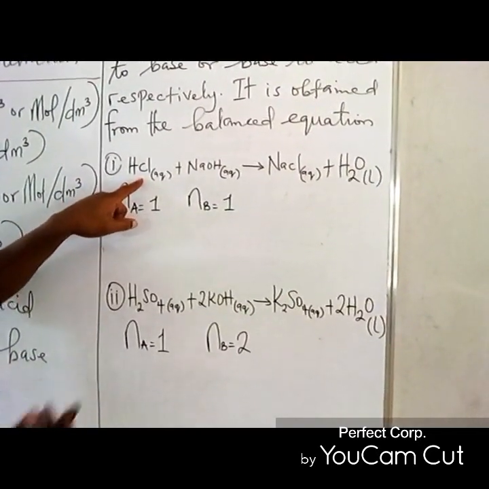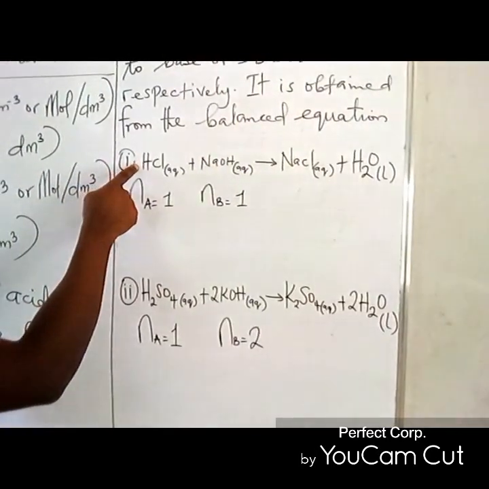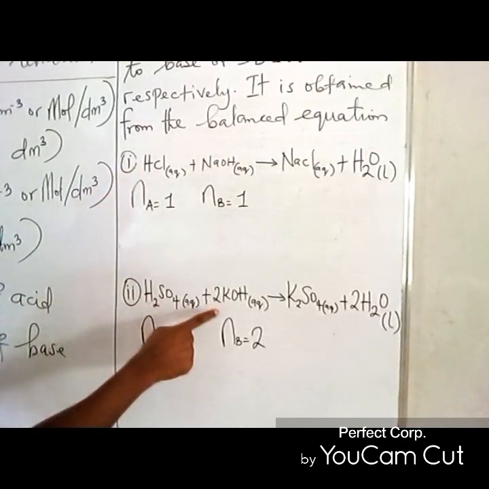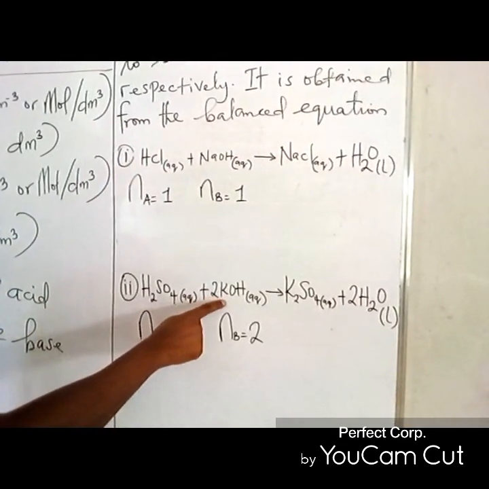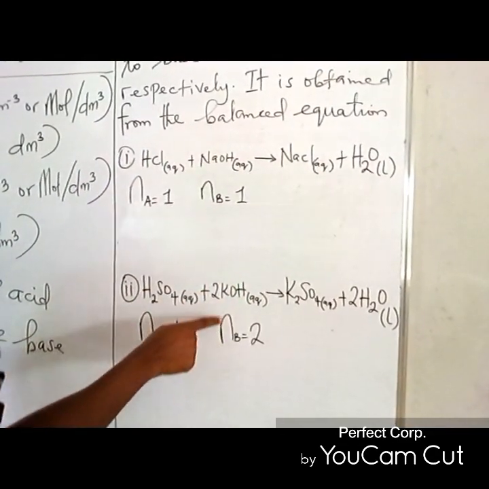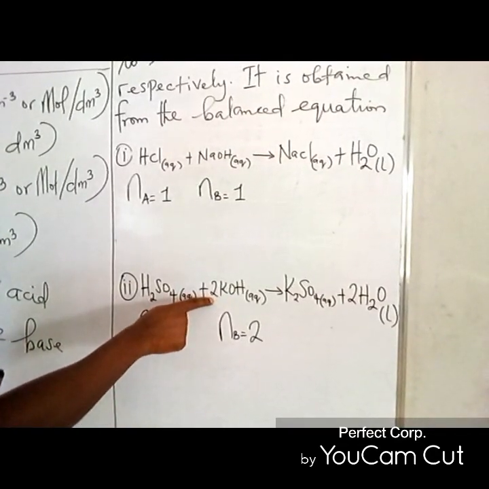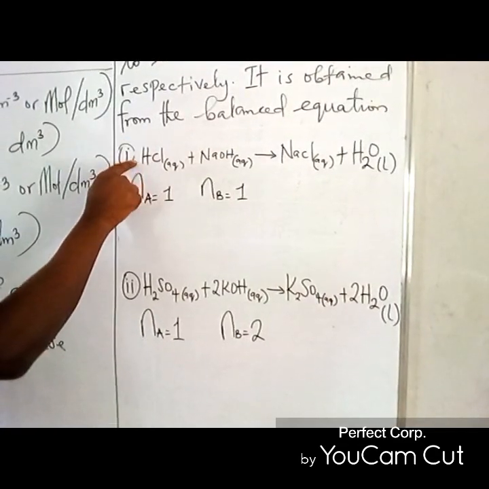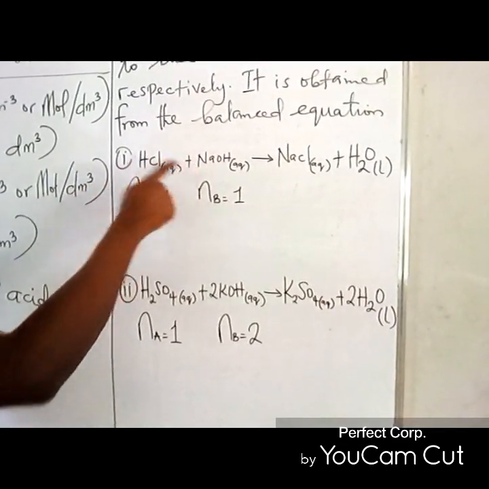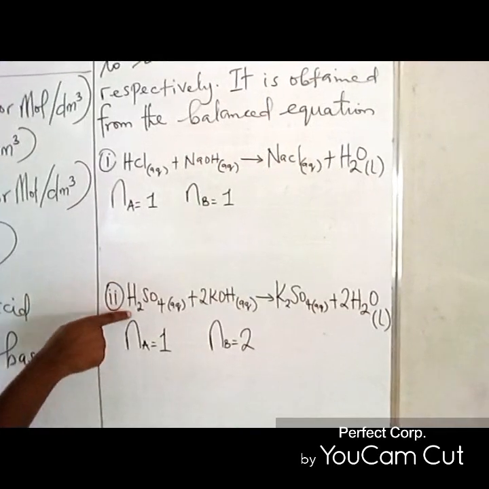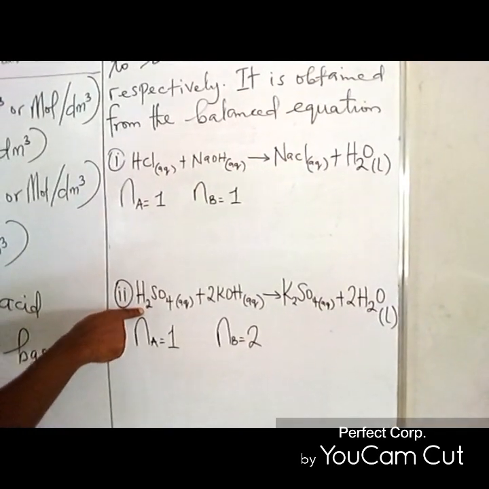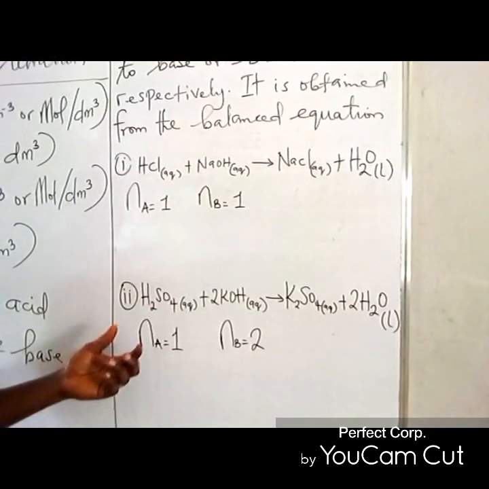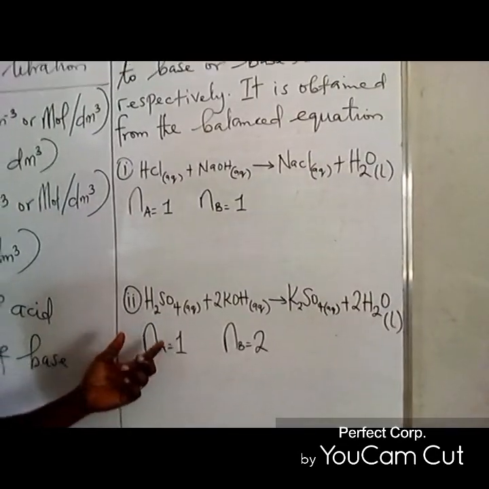So how to study an equation is, when you notice that something is written here, like for this, you are seeing 2 potassium hydroxide. So you just use that to know that the number of base here is 2. But in this case, they did not write anything here. You notice that this place is just empty. Nothing is here. It shows that it is 1. So the same applies to this sulfuric acid here. Looking at this place, it's empty. So it means we have just 1 mole of acid.